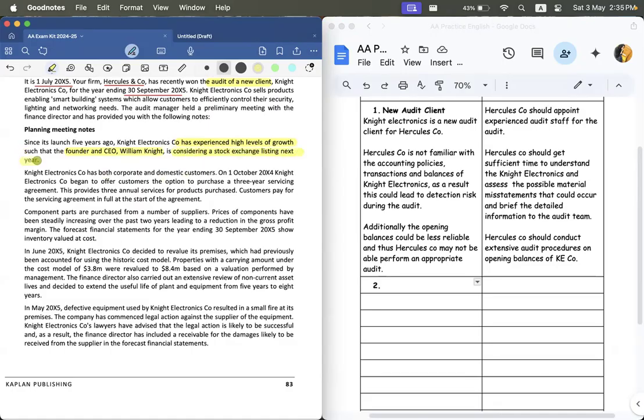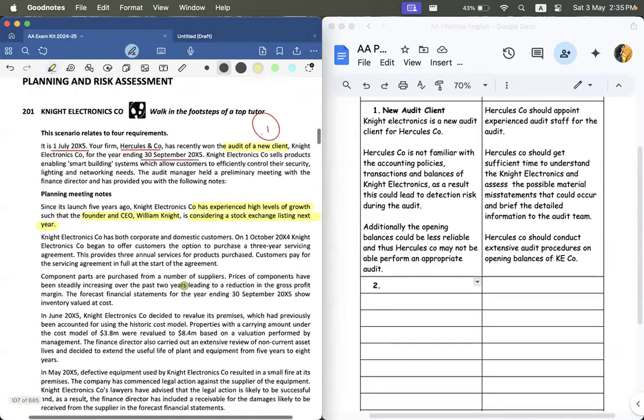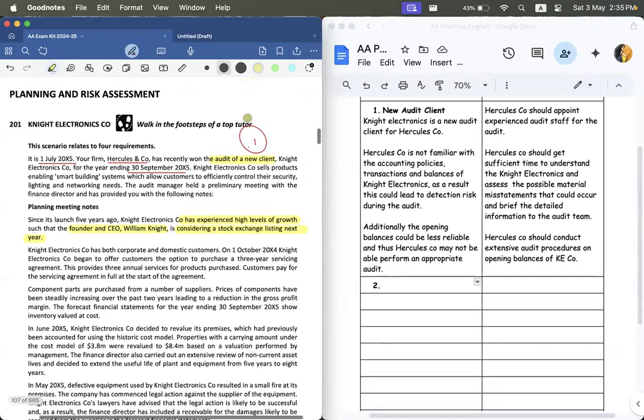So for the risk, usually we get audit risks related to standards that we study in FR. But apart from them, there are certain risks attached to it. For example, being a new client, and the next example is listing in a stock market.